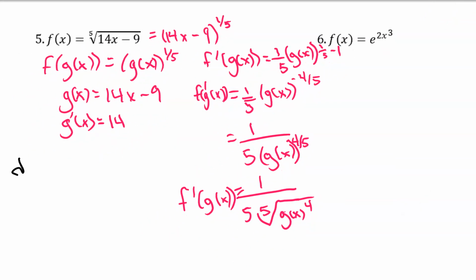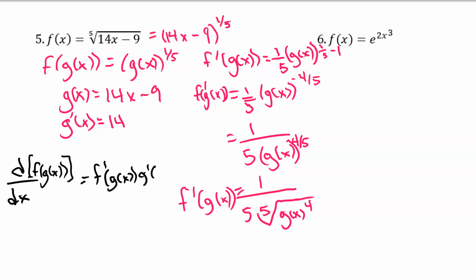So now we do our overall derivative of the composite function, which is equal to the derivative of the outside function with the inside staying the same, times the derivative of the inside function.